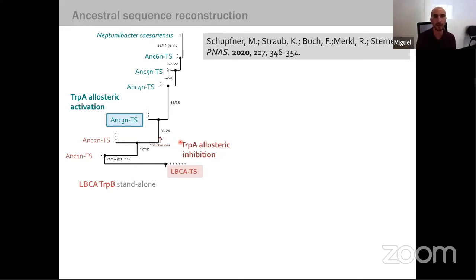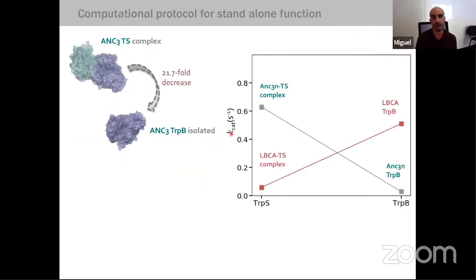The interesting result that I want to explain here is that along the phylogenetic tree, from the last bacterial common ancestor toward the modern, there is a change in the allosteric effects exerted by the TRPA subunit. You see it better here, and from the NC3 node in the phylogenetic tree, there is a dramatic decrease in the activity in the absence of the allosteric partner.